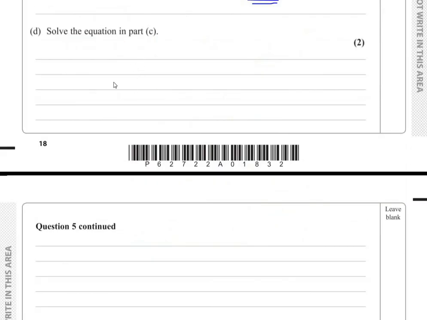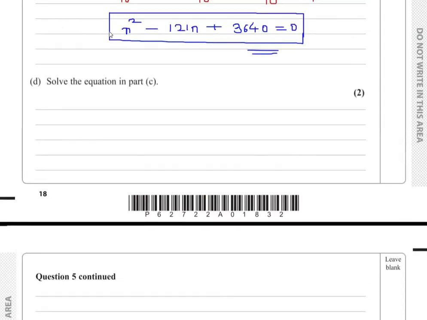Coming to part E of the question, here they have asked us to solve the equation in part C. We can clearly see that we have got a quadratic equation: n squared minus 121n plus 3,640 equal to 0.